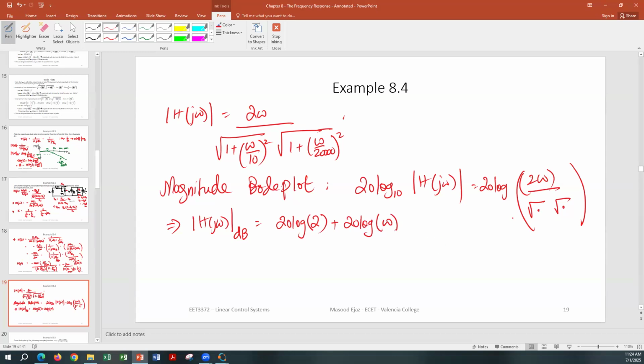When you're applying log on the denominator, each one of them is going to be subtracted, because in the denominator they are multiplied by each other. So that's going to be subtracted when you apply the log function. So that's going to be negative 20 log of the first one, which is this, and minus 20 log of the second function.